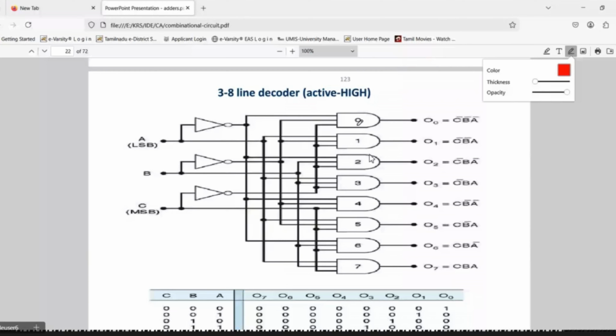Similarly next, 1 is 0 0 1, so A dash B dash C. Next, 2 is 0 1 0, so A dash B C dash.